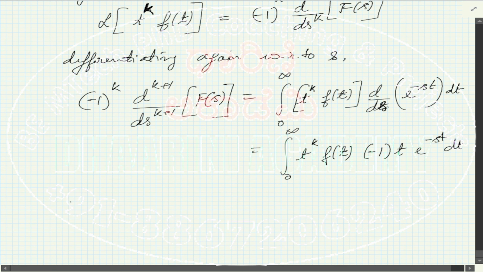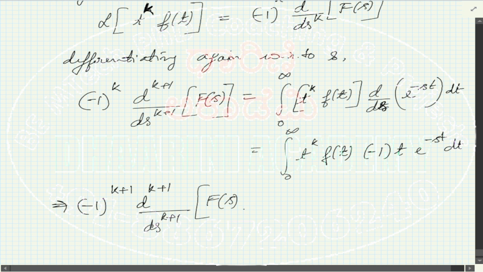That implies minus 1 to the power k plus 1 into d to the k plus 1 by ds to the k plus 1 of this F of s is equal to integral 0 to infinity, we have t to the k and one more t coming up, this is t to the power k plus 1 into f of t into e to the power minus st dt.